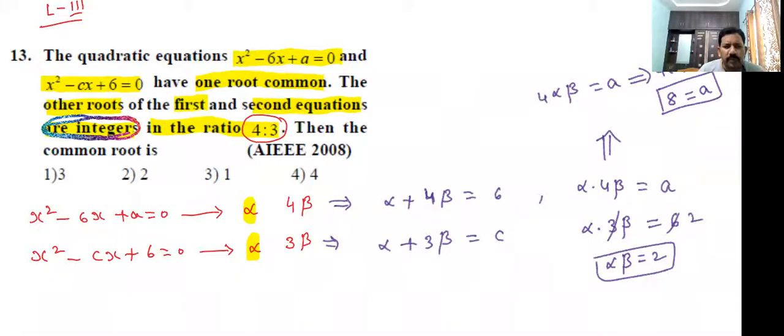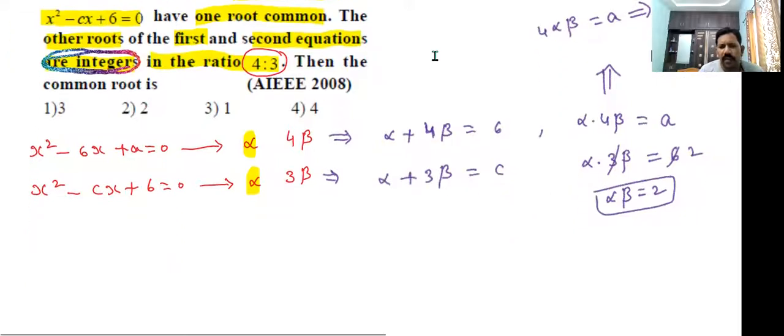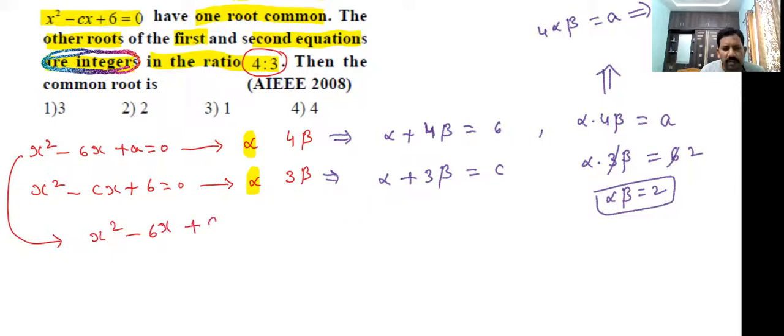Then what can we do? Here, alpha beta value is 2, we got. Okay. Those values, substitute the a value, sorry, not the alpha value, in the first quadratic equation, x square minus 6x plus 8. Split into factors.